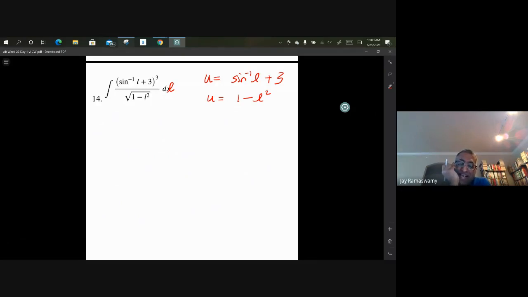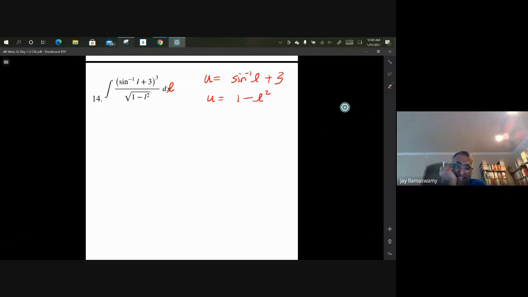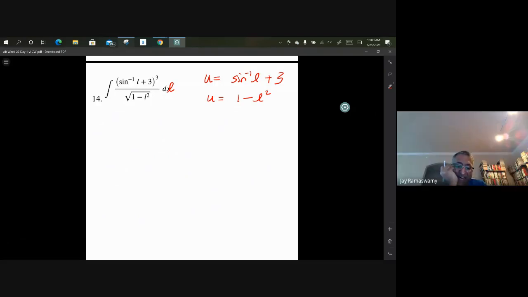What's the derivative of sine inverse L from first semester? 1 over radical 1 minus L square. Is that present? Do you see that's present? It's in the denominator.